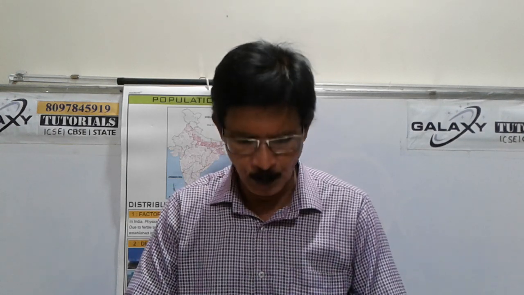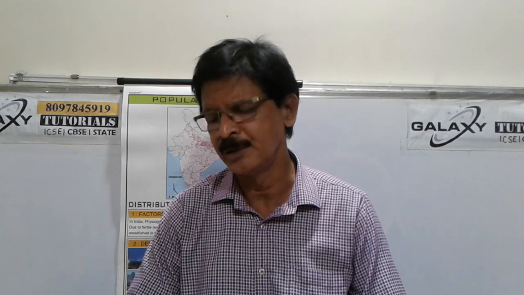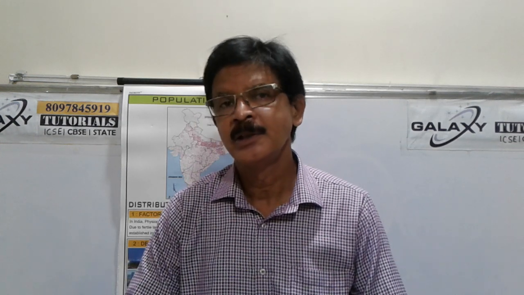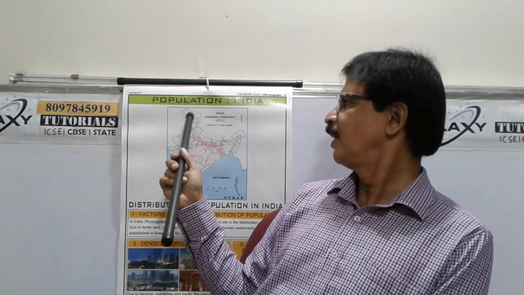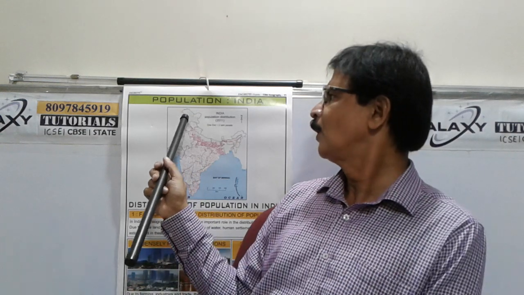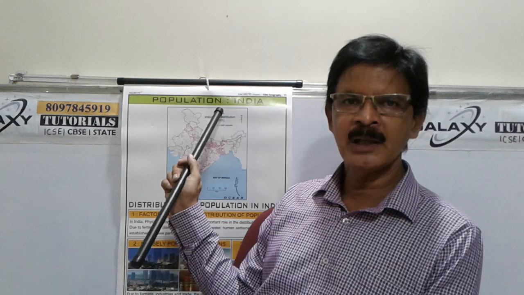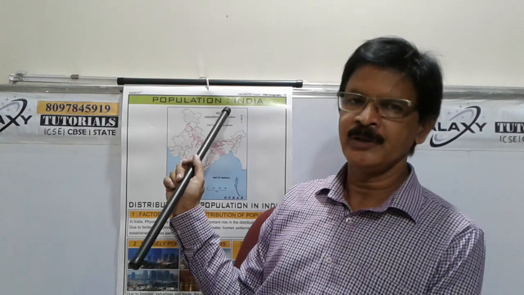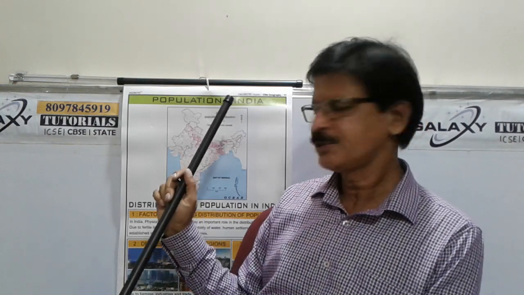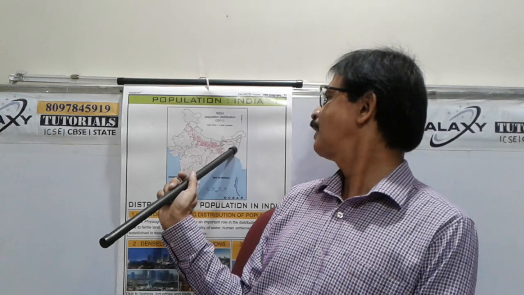Now, this unevenly distributed population, the reason is the geography and the climate. You see fewer people in this area. Why? Because this is the hilly area, these are the Himalayas, with very severe winters, so hardly anyone stays over here. Here again are the hilly areas.